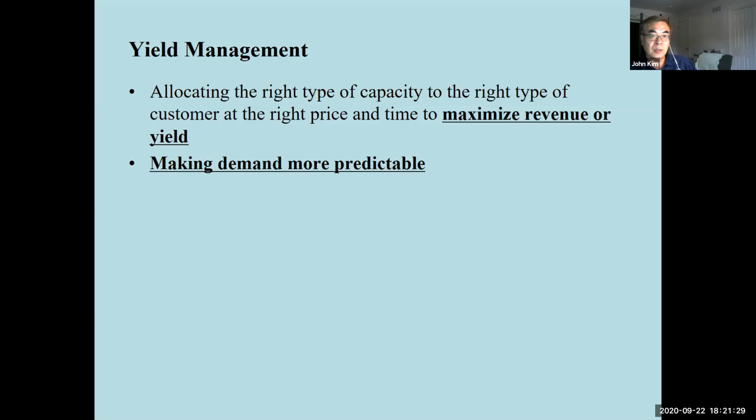And also airline tickets: if we book earlier, it is cheaper, and closer to the flight time, it is more expensive. So using this yield management, we can influence customers or attract customers during the off-peak time. When demand is low, increase the demand by using a low price, cheaper, and so on. That is yield management.